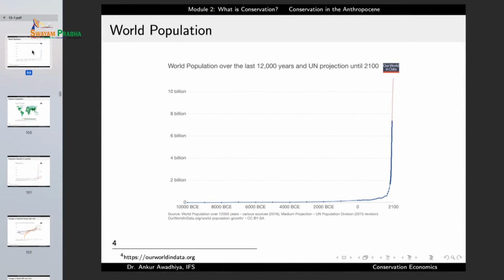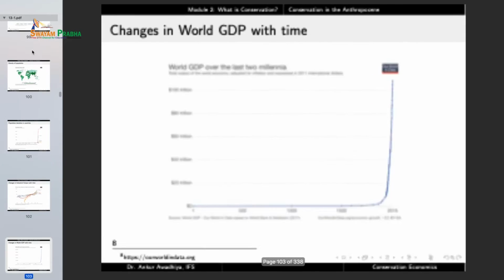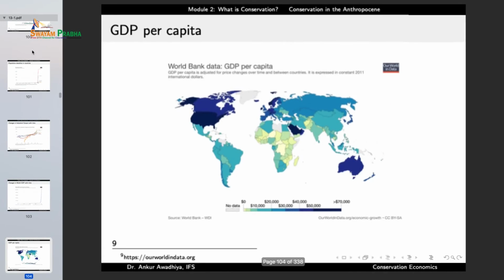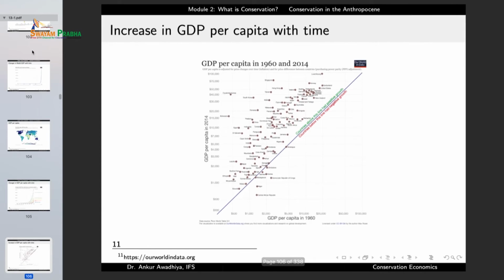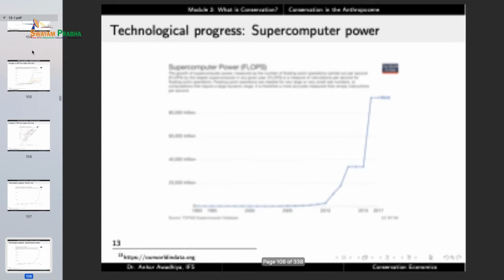So world population has been increasing exponentially, the densities are increasing, the GDP is increasing, which is telling us that the affluence also is increasing. So in the formula I = P × A × T, P is increasing, A is increasing, T is also increasing, the technological progress.